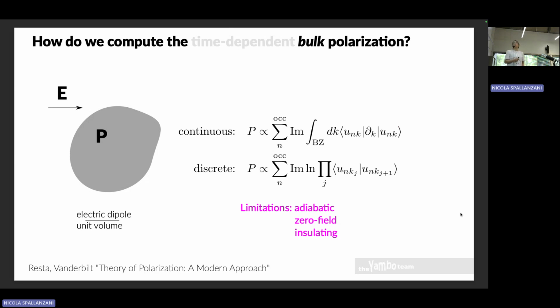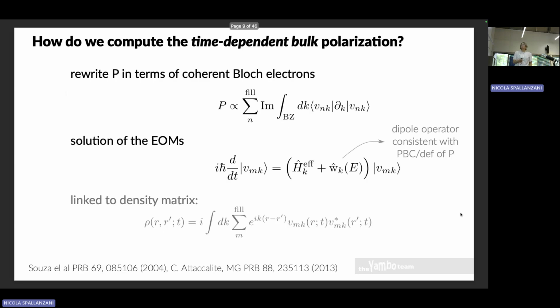you need a field, and you will not be in an adiabatic situation. So in 2004, there was this seminal paper of Souza and co-workers that extended the theory to the non-adiabatic case, in the presence of time-dependent electric fields.